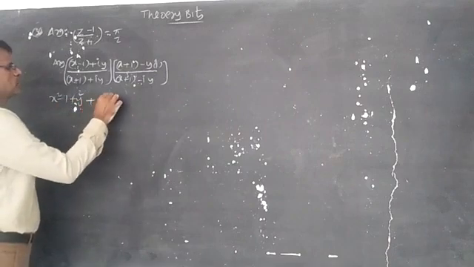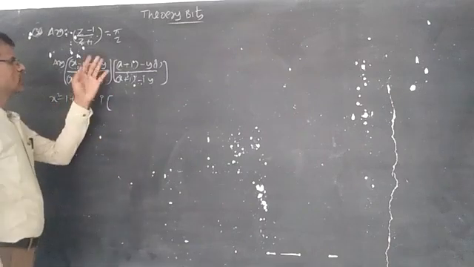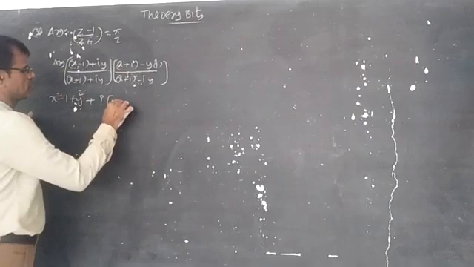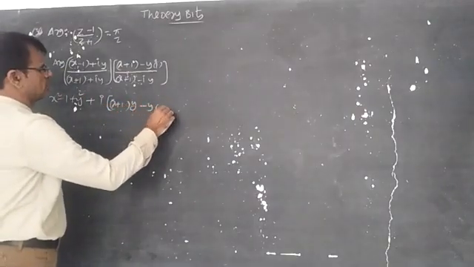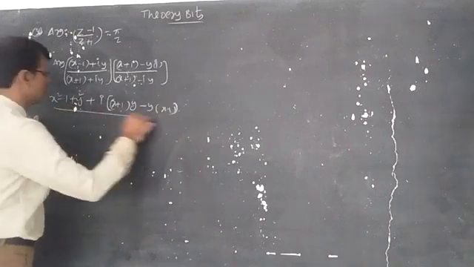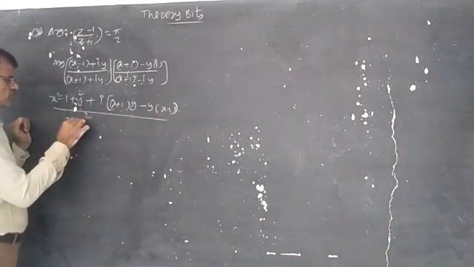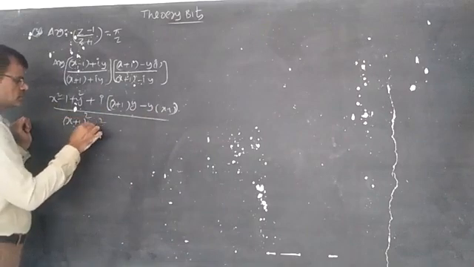Plus i into x plus 1 into y minus y into x minus 1, whole by x plus 1 whole square plus y square.